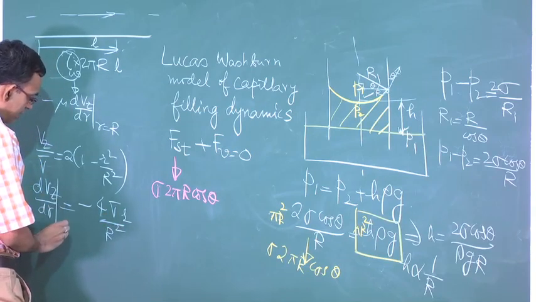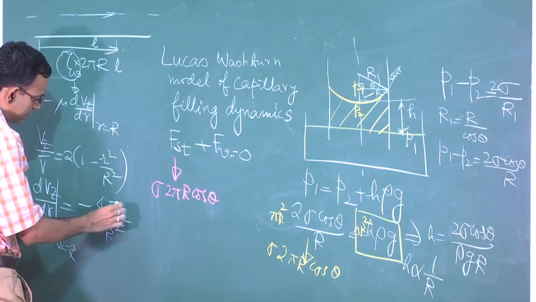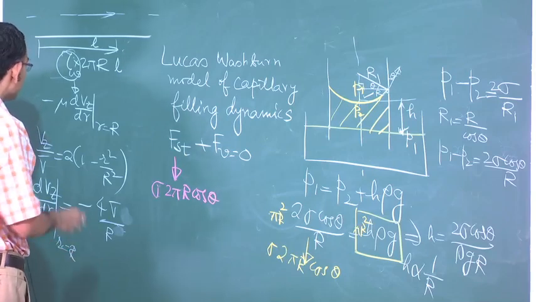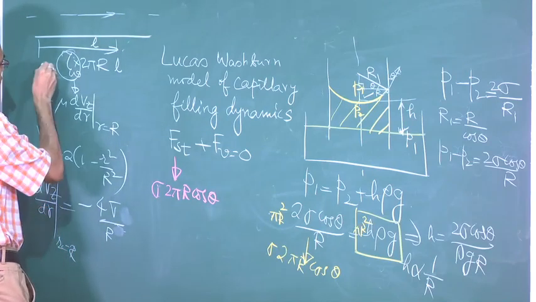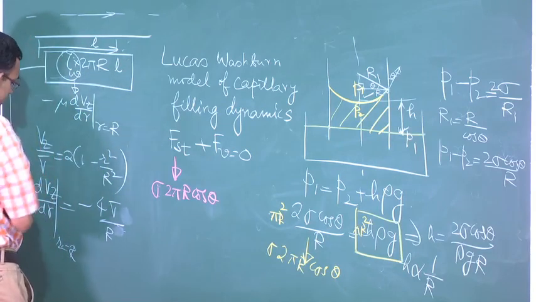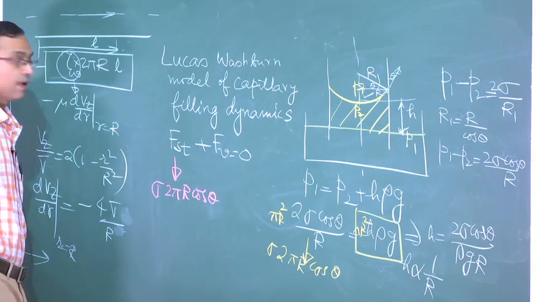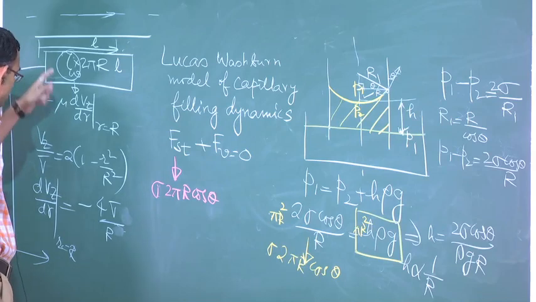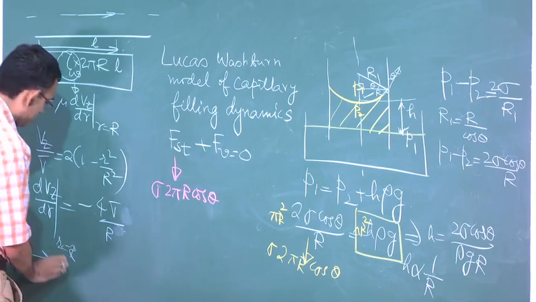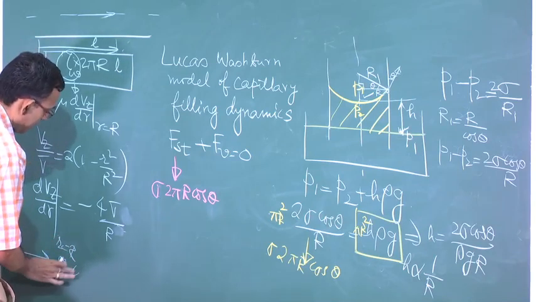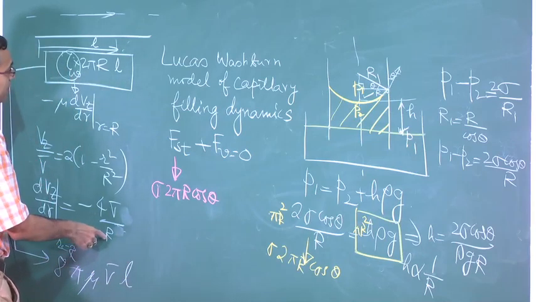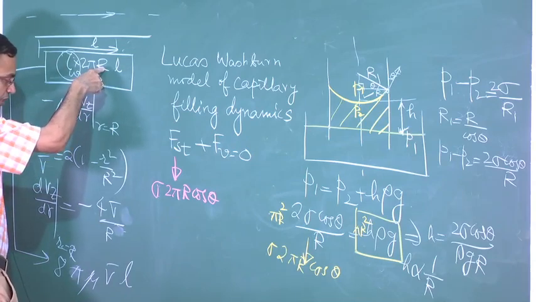So, dVz dr at small r is equal to capital R is minus 4 V average by R. So, this total expression becomes 4 into 2, 8 pi mu V average into L. This division by R and multiplied by R, they get cancelled out.